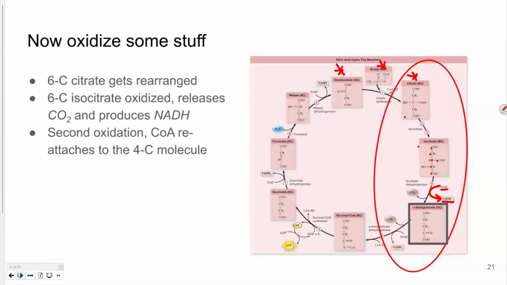This is going to pull off, and this is going to become our CO2. Now, what we can do from here is pull those electrons from that bond, give them to NAD+, make some more NADH, and produce a carbon dioxide.